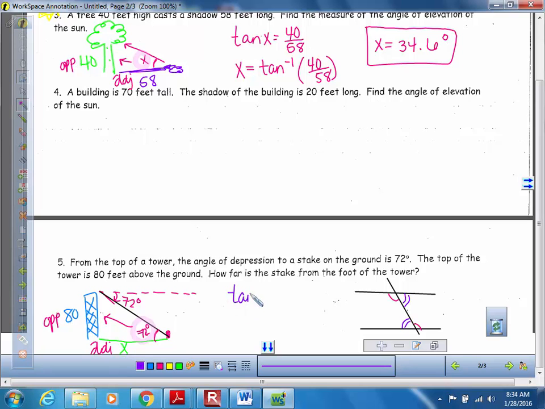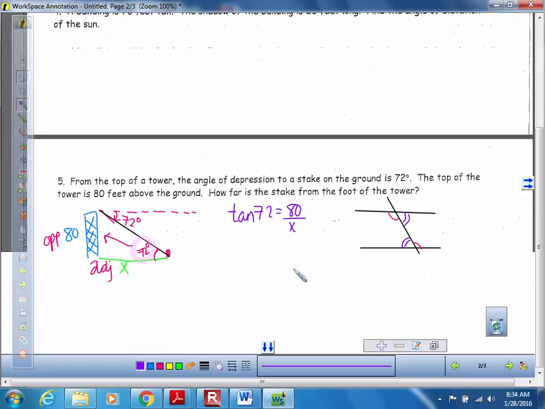So we would get tangent of my angle measure, which is 72, equals opposite, which is 80, over adjacent, which is x. So when we cross multiply, that's going to give us x tangent 72 equals 80. So to get x by itself, so we can solve, we're going to have to divide both sides by tan 72.